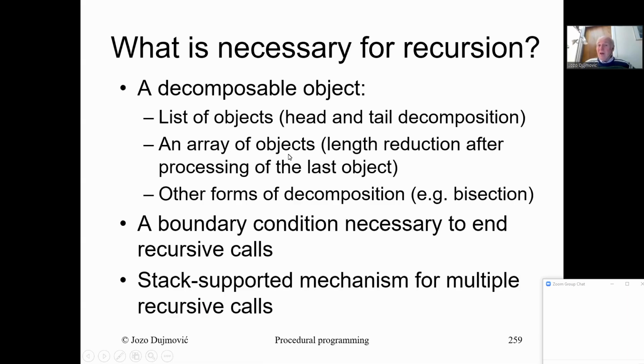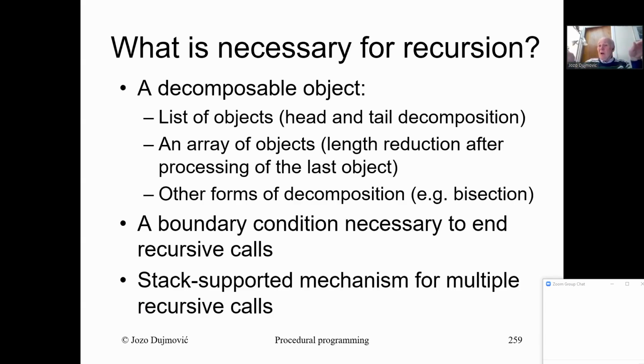Or you have an array of objects that has a specific length. So you take the last object in that array, process that last object, and then say, do the same with the array that is shorter by 1 than the original array. Very, very simple. There are other forms of decomposition also. For example, bisection.